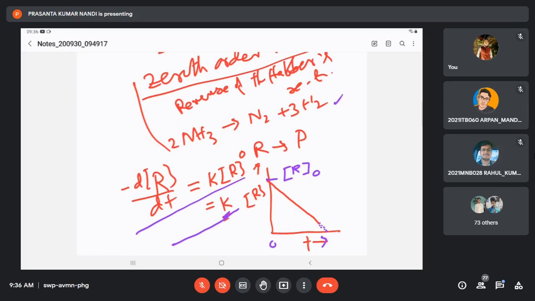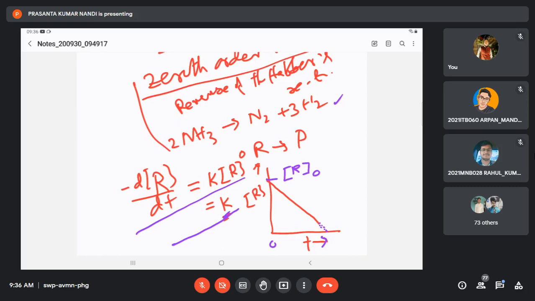And the rate of this reaction is, as you are familiar with, in that form, I am writing minus d[R]/dt equal to k[R] raised to the power 0 because it is zeroth order kinetics. So that means basically minus d[R]/dt equal to k. So physically what does it mean? That is traced in the graph.